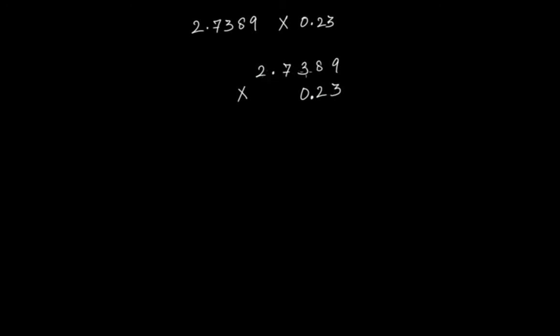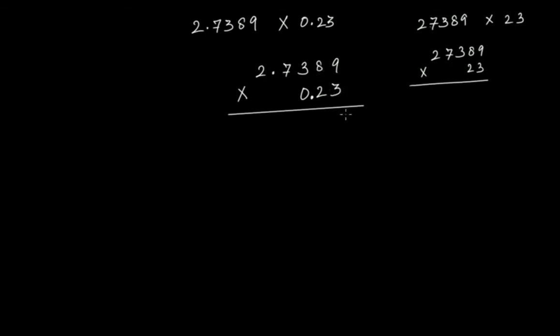Just treat it like you treat any other multiplication, because had it been 27389 multiplied by 23, then you would perform it. Same thing here, but only we have decimals here. For a moment, forget these two decimal points.